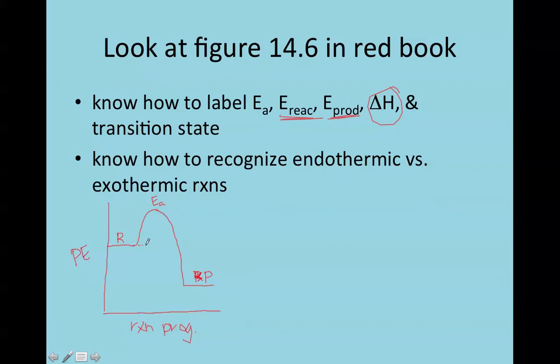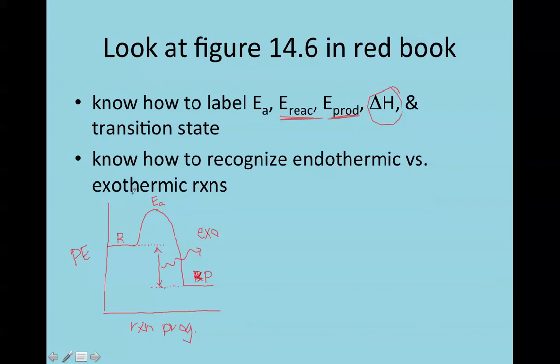If this is our reactants and this is the energy level of our products, then the difference between these two energies is going to be delta H. And in this case, the reactant energy is higher than the product energy, so this energy is going to be released. And when you have energy released, you have an exothermic reaction.